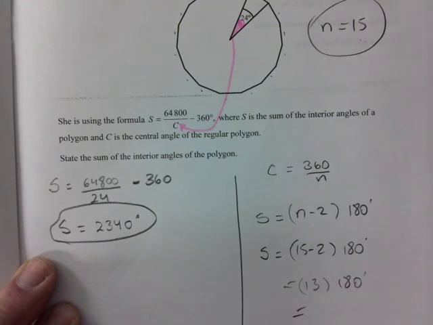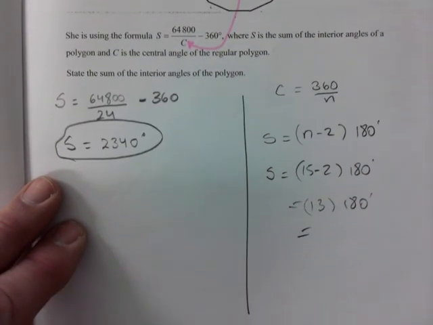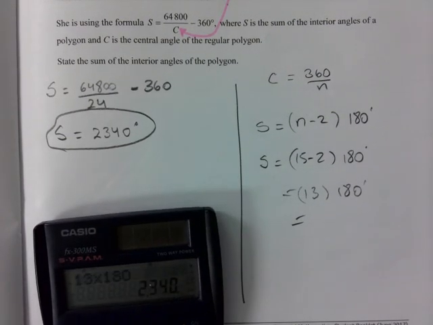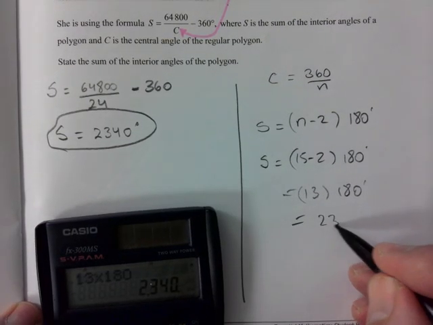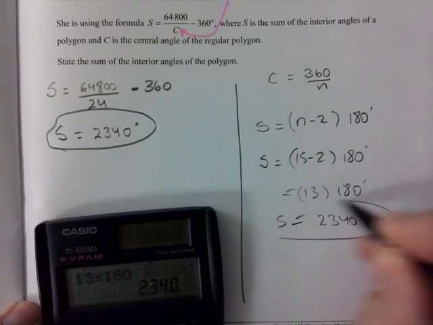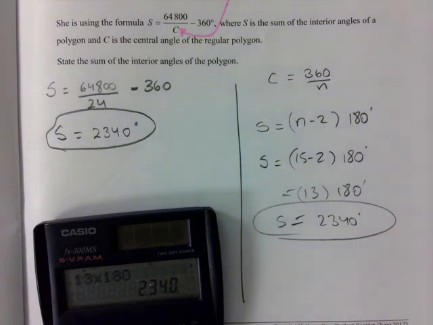It better be 2340, or else I'll call the province right now. Okay. 13 times 180. There we go. So yeah, it's a little weird why they did that. But it was just plug in and go regardless, almost, right?